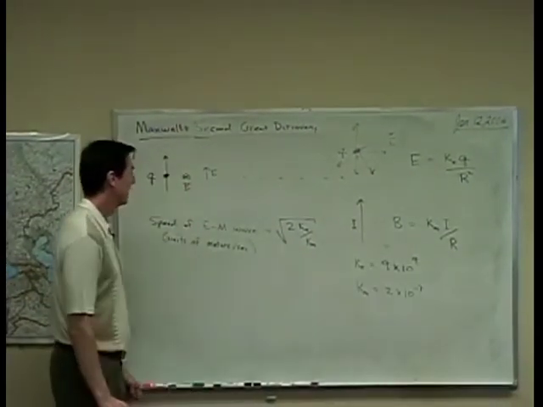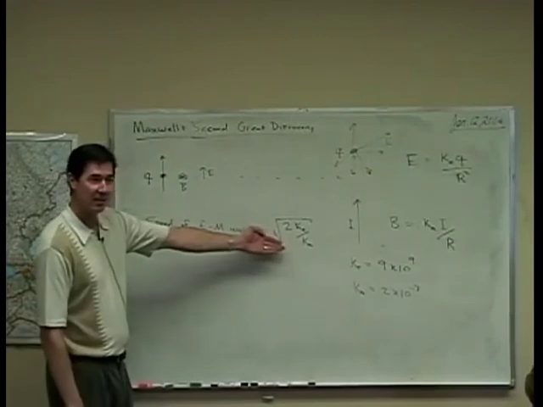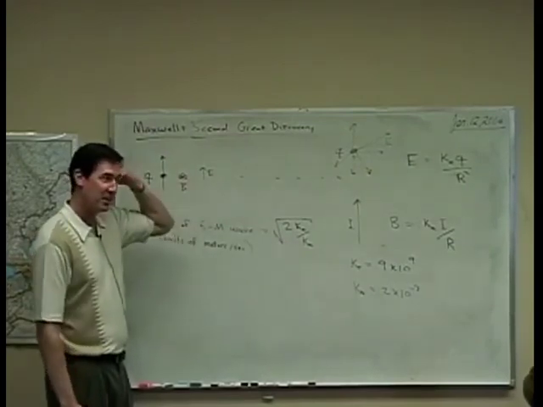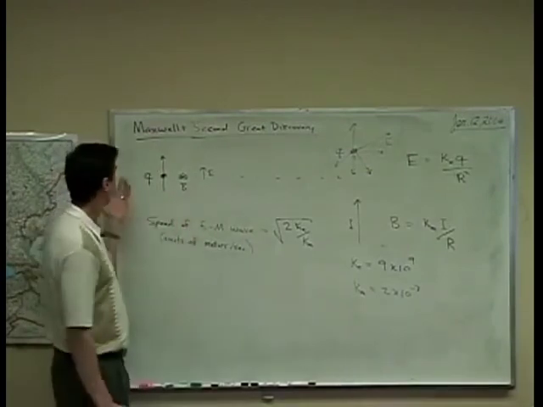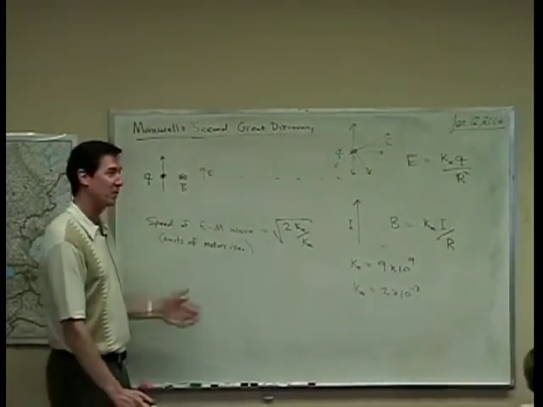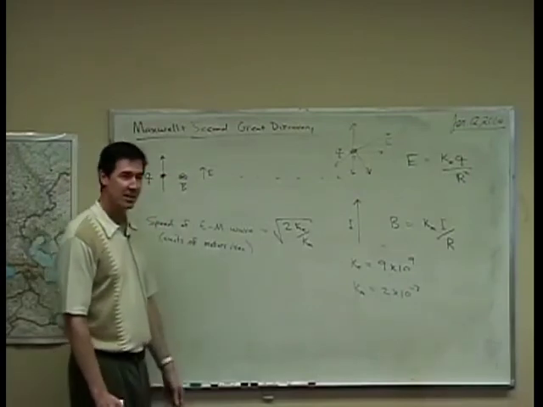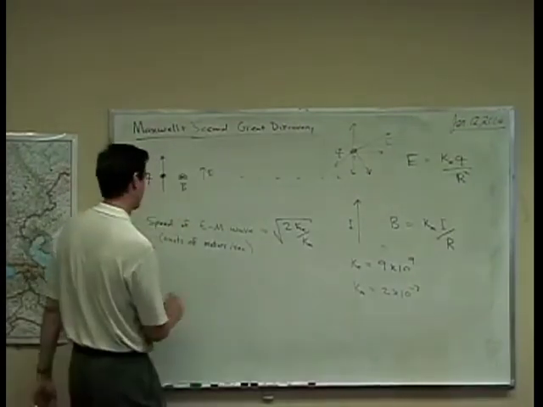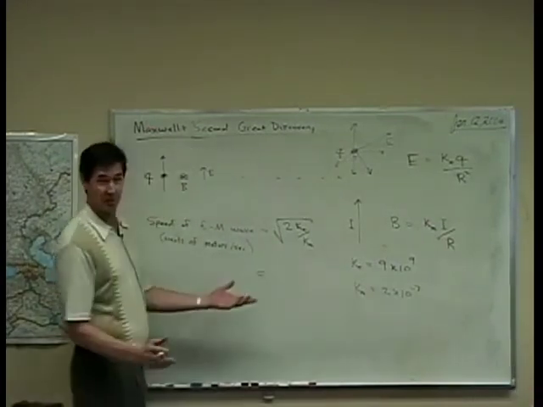Well, we can just plug these numbers into this equation and get the speed of this electromagnetic wave that comes flying out from this oscillating charge. It turns out the numbers are really easy.